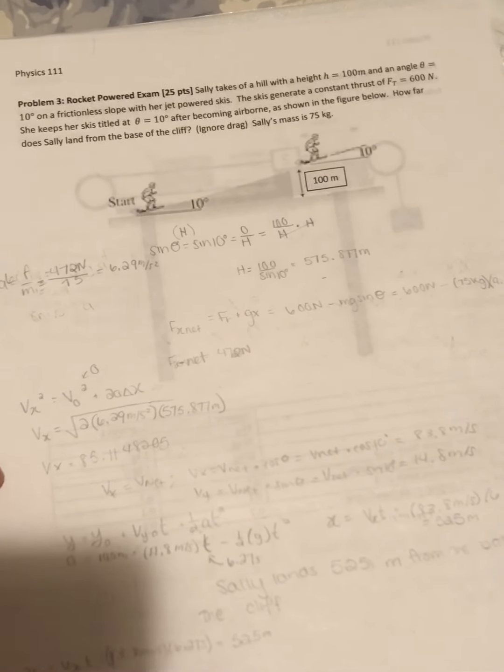Then I plugged it into this formula, which gave me velocity. Then I used that velocity to find both the velocity going horizontally and the velocity going vertically.